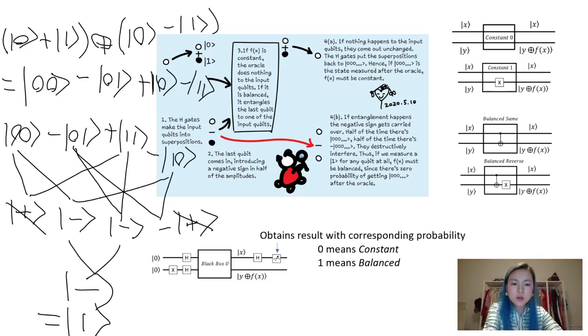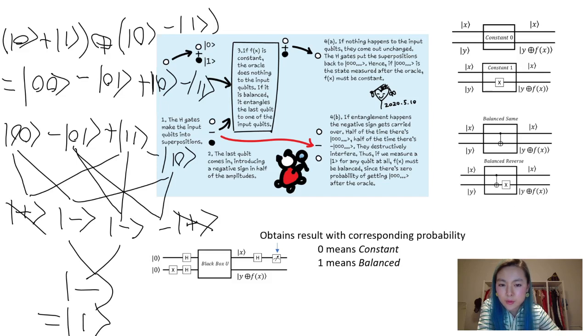So it turns out that there's no possibility of obtaining 0 when you measure your first state if your function is balanced. So this is an exercise you should try to do at home to try the other cases.